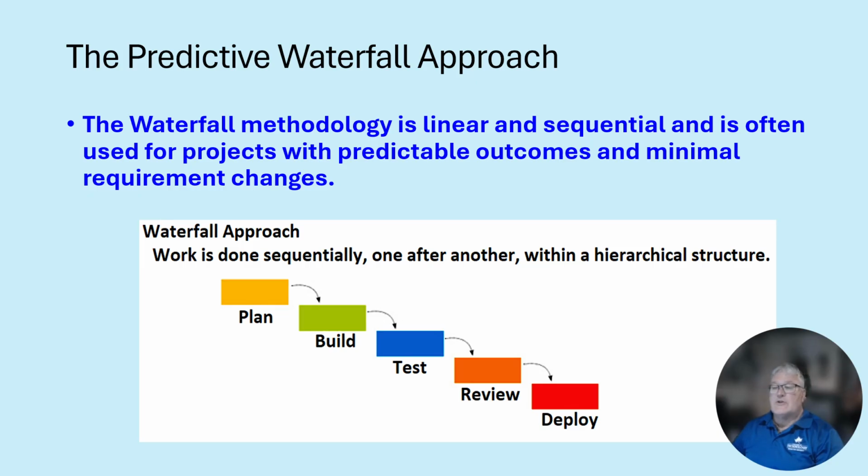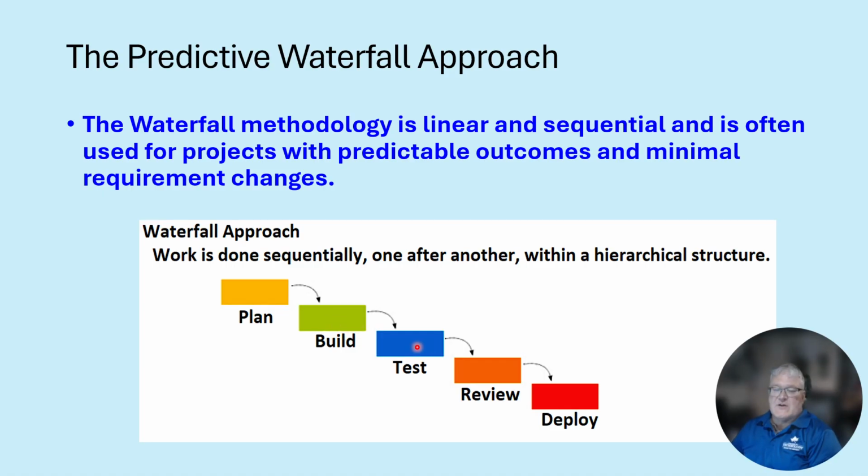So, as I'm showing here down below, a basic model involves planning. Lots of planning should be done with the waterfall approach because once you have all the plans together, everything pretty much flows downward to complete the project. So you do the planning, then you do the build or whatever is involved with your project.